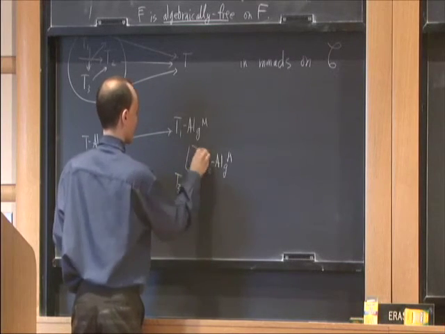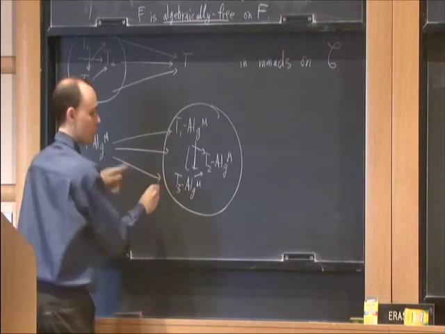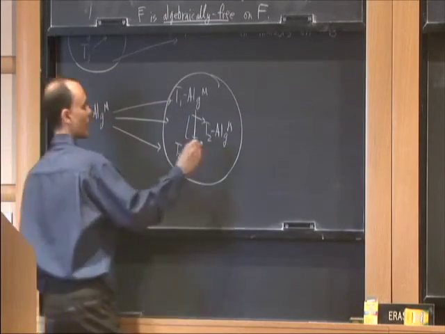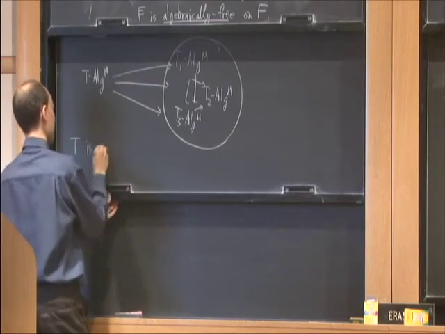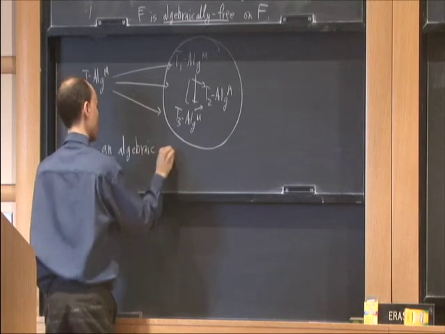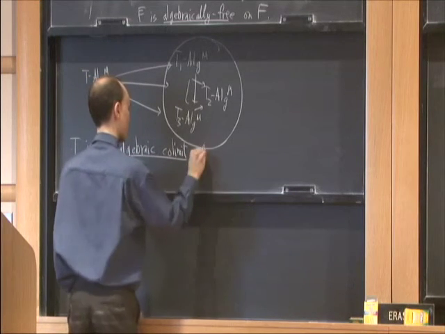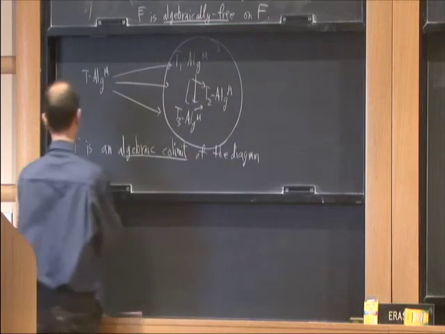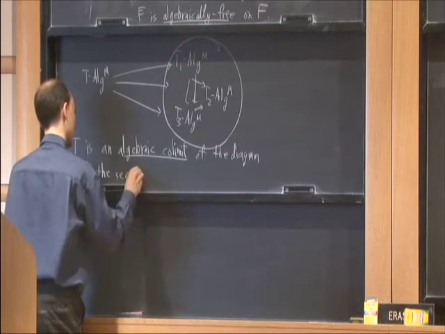And then I have a corresponding diagram here of categories over my category C. Okay, so we say that over here, T is an algebraic colimit of the diagram if the second diagram is a limit of categories.